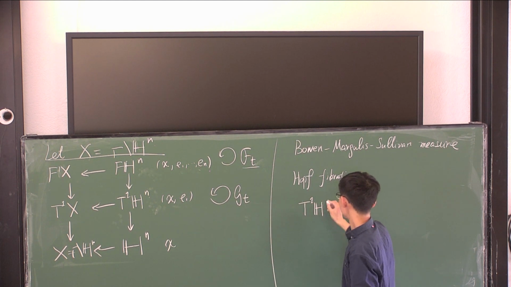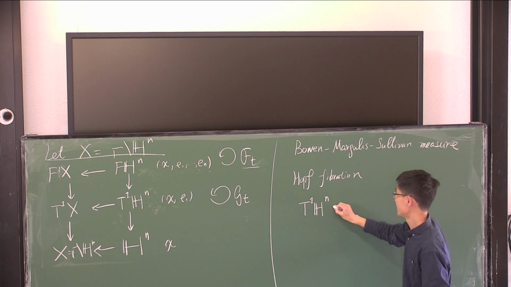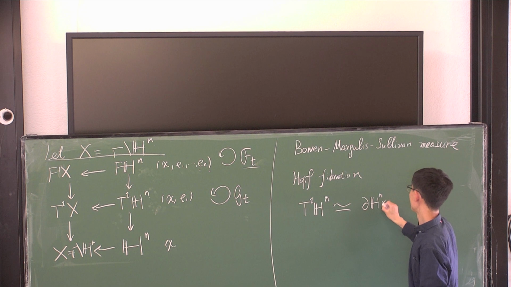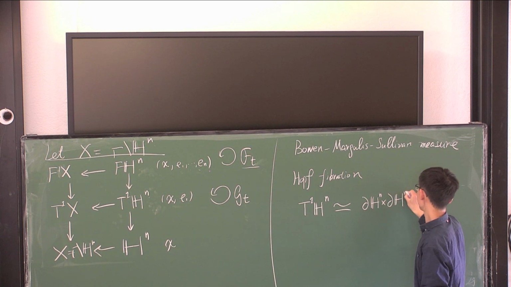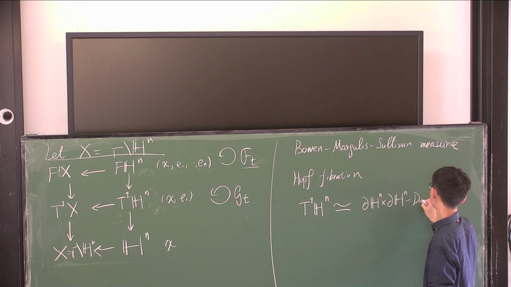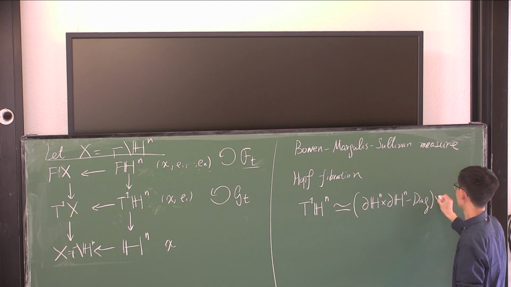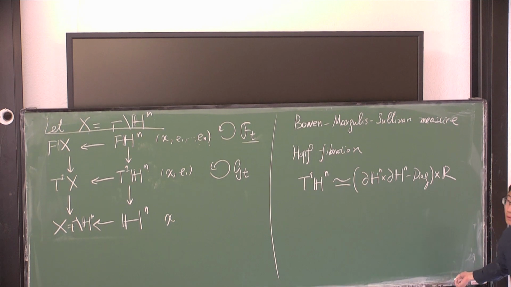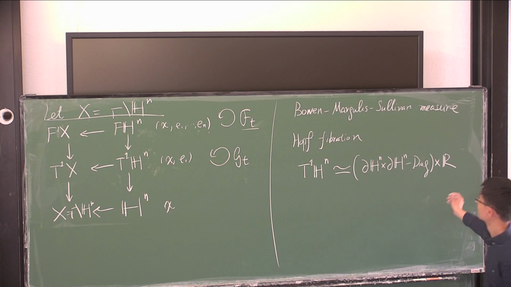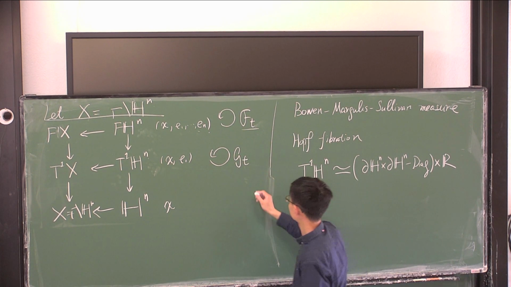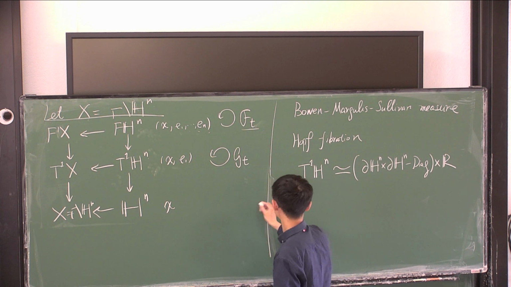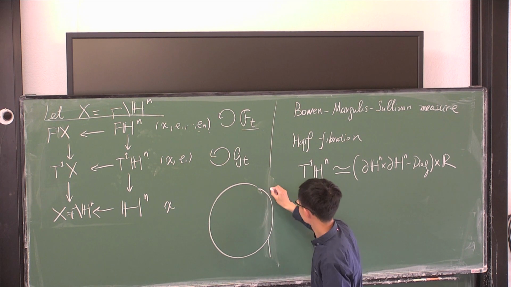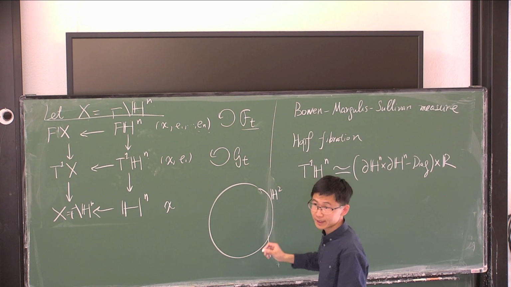The unit tangent bundle can be identified with the boundary of Hn times the boundary, minus the diagonal, plus the flow dynamic. It's easier to look at in the Poincaré disk.